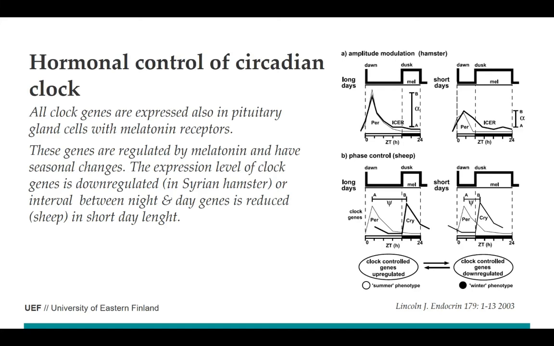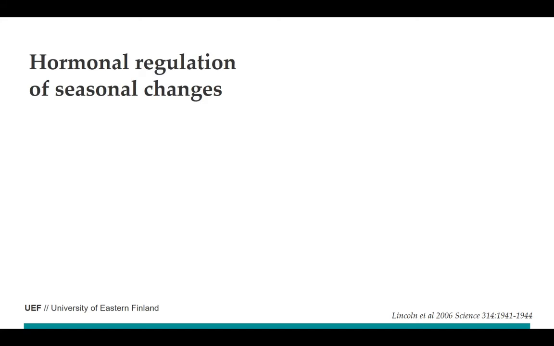And then these animals can have a summer phenotype and a winter phenotype. And then this hormonal regulation can have an effect on the seasonal changes.